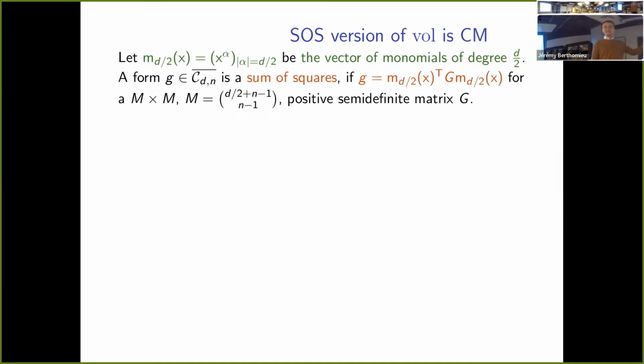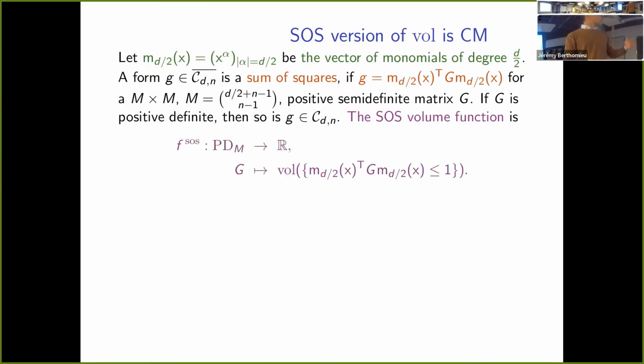I'm going to pick a vector of monomials of degree d over 2 and a positive semi-definite Gram matrix G. If G is positive definite, then the SOS form will also be positive definite. That motivates the definition of the SOS volume function that associates to any positive definite real symmetric matrix G the volume of the sublevel set of the associated SOS form.